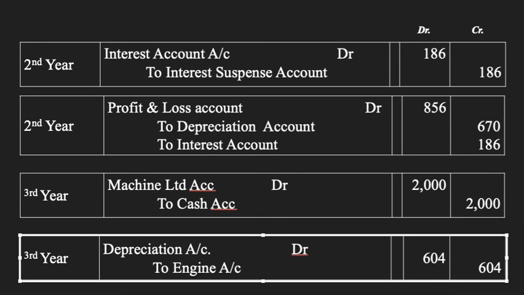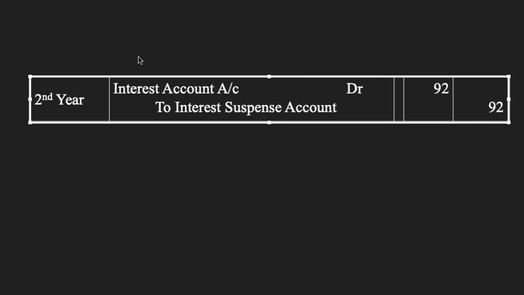After that, interest is also there, so for that we have another entry. We have 92 rupees of interest, which is transferred from interest suspense, and the entry for that is interest account debit to interest suspense account. This is the third year.